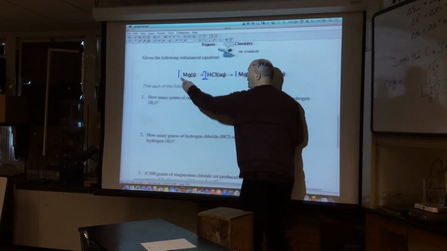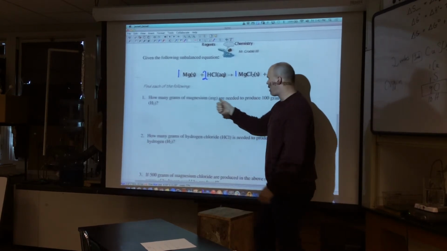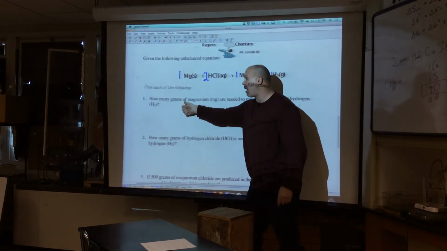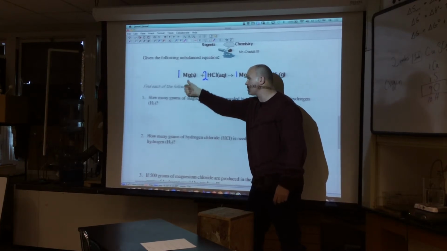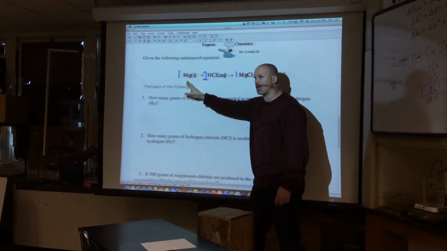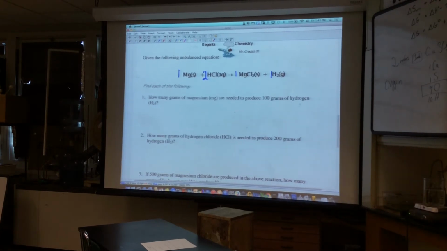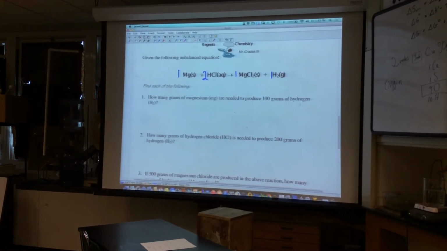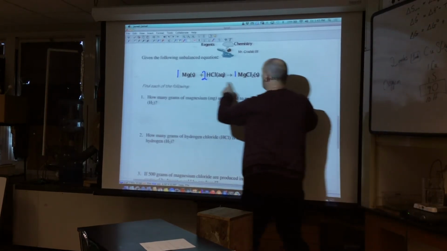Is this a ratio of how heavy or how many? How many? What kind of number is grams? A how heavy number. Grams and a how many are two different things, aren't they? So what's my first step in this problem? Convert to moles. I've got to be in a how many number to use this.